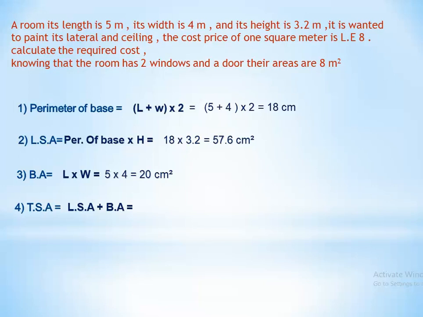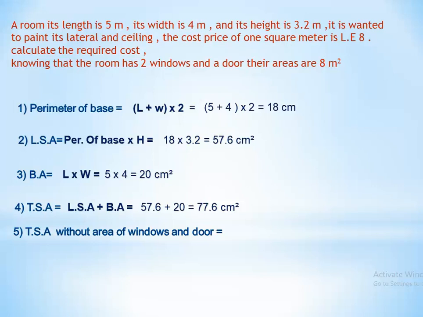Why didn't we put 2 base areas? Because we don't paint the floor. So we consider it here as a cuboid without a lid. So 57.6 plus 20 equals 77.6.